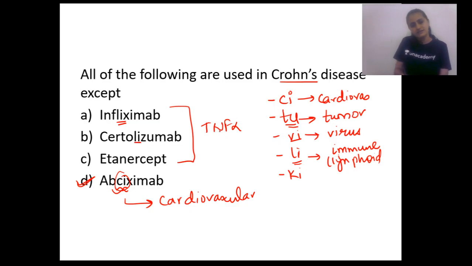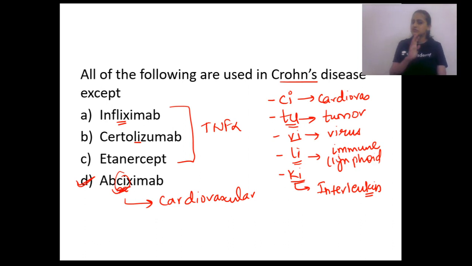Certolizumab, it is against the immune system, correct? So that helps you to remember. We have already seen KI is the one which is against interleukin. We've already seen ustekinumab, which is used for psoriasis. It is against interleukin 12 and 23. So I hope this makes it clear that you should start ruling out the options.